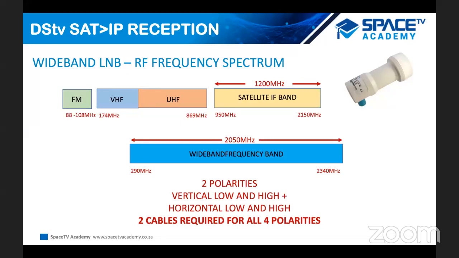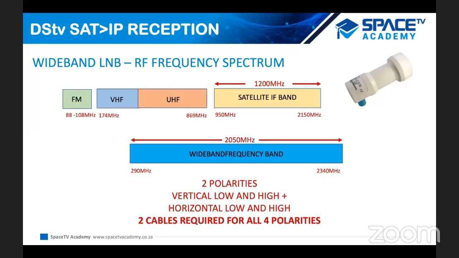So this opens up some challenges in the sense that you are in the RF band, you have chances of interference from RF transmitters, etc. It also creates issues if you want to still add terrestrial TV into the system. It has to be done on a separate cable.